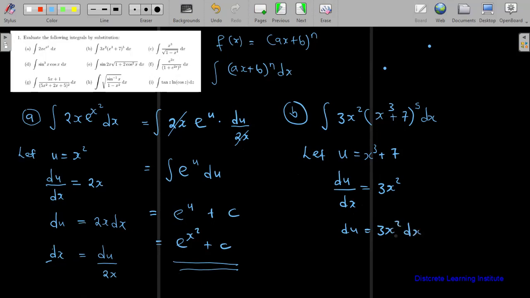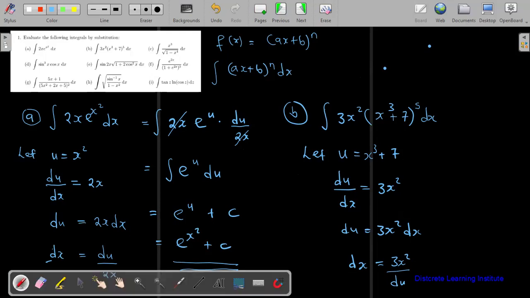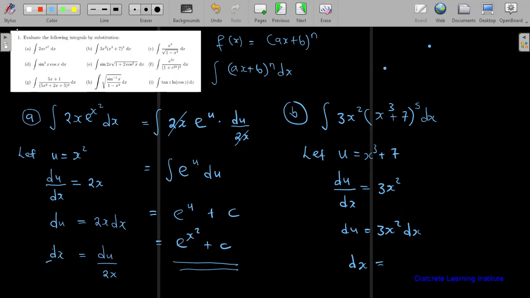Then you make dx the subject, dividing both sides by 3x squared. dx will be equal to du over 3x squared. Sorry, du over 3x squared.